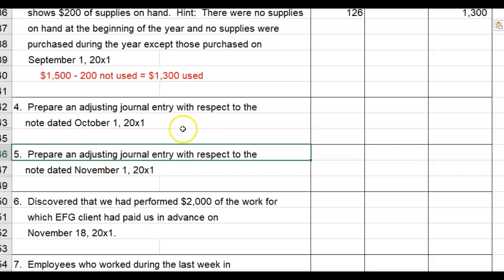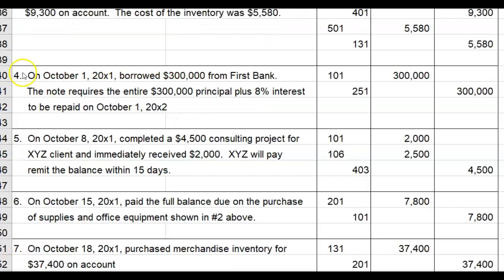On October 1st, the company borrowed $300,000 from First Bank, and the note requires the entire $300,000 of principal plus 8% simple annual interest to be repaid on October 1st, 20X2.